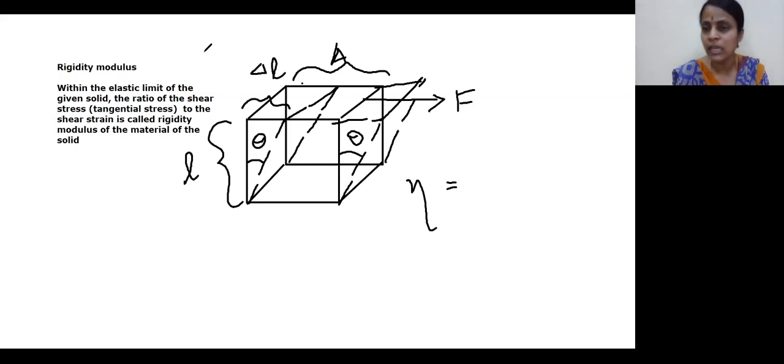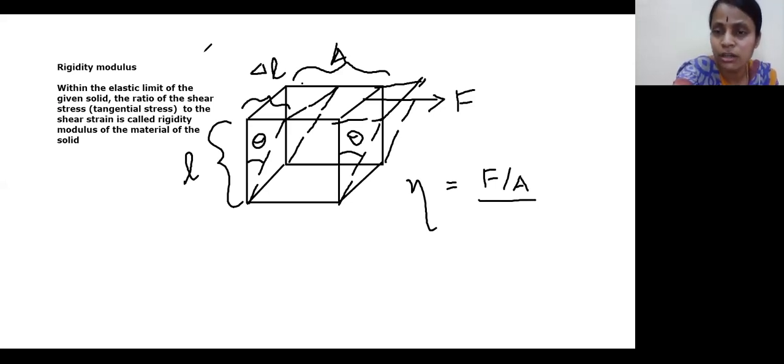Eta is going to be the stress applied. Stress is always force per unit area. So this is going to be F by A upon what is the shear strain, children? It is simply theta.